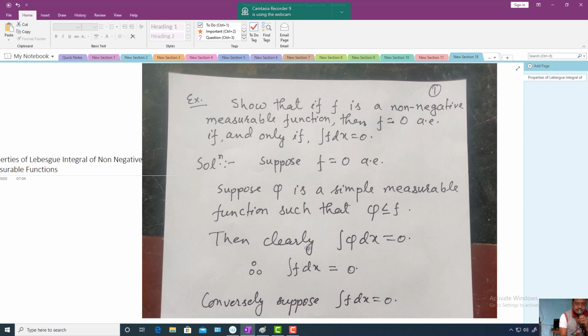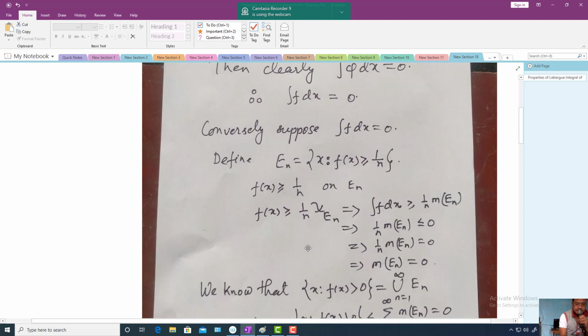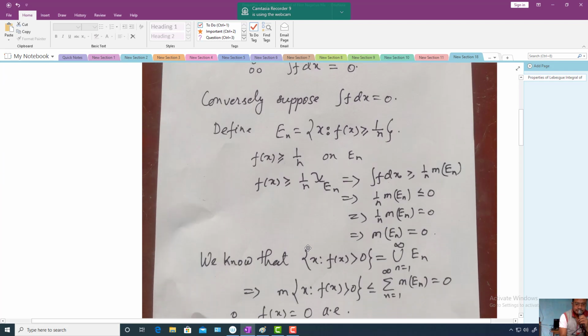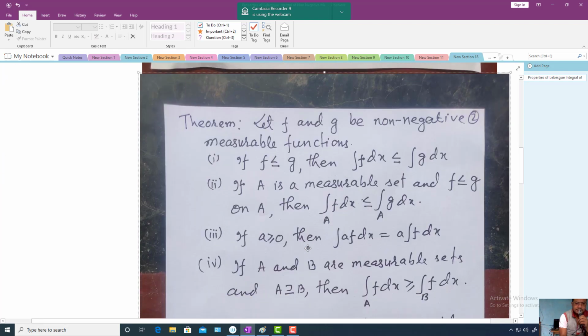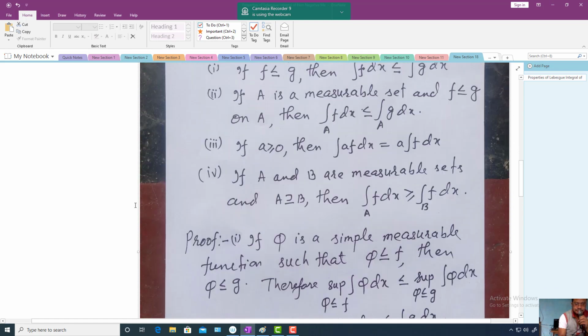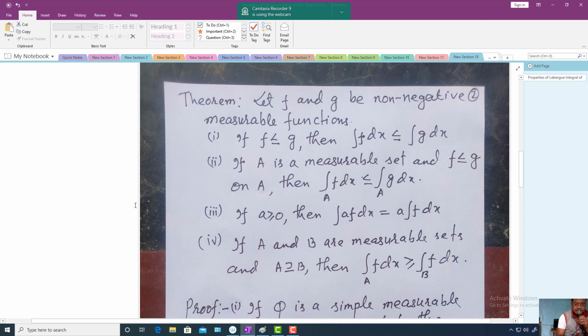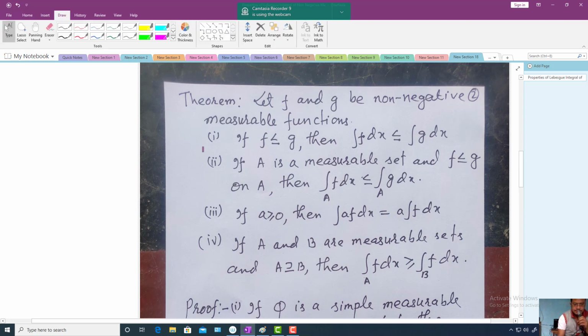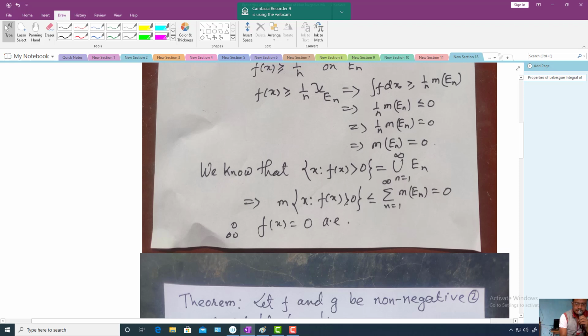So first let us do one important example, then we are going to prove these four results: number one, number two, number three, number four. These are very important elementary properties of the Lebesgue integral of a non-negative measurable function.